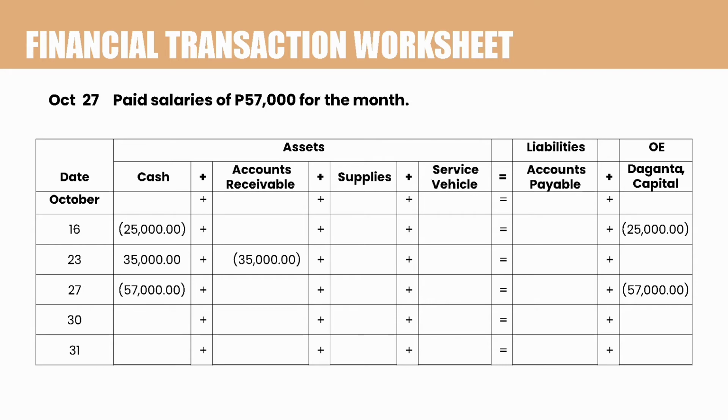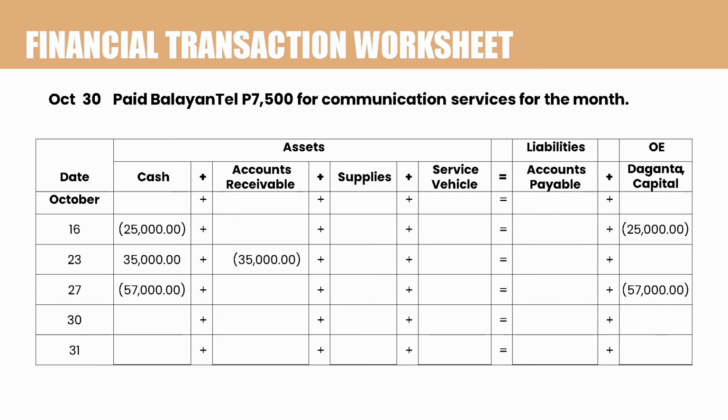Kasi salaries expense and expense is bawas sa ating owner's equity. October 30, second to the last, paid Balayantel 7,500 pesos for communication services for the month. So, bawas din yan sa ating cash and sa ating owner's equity na column.